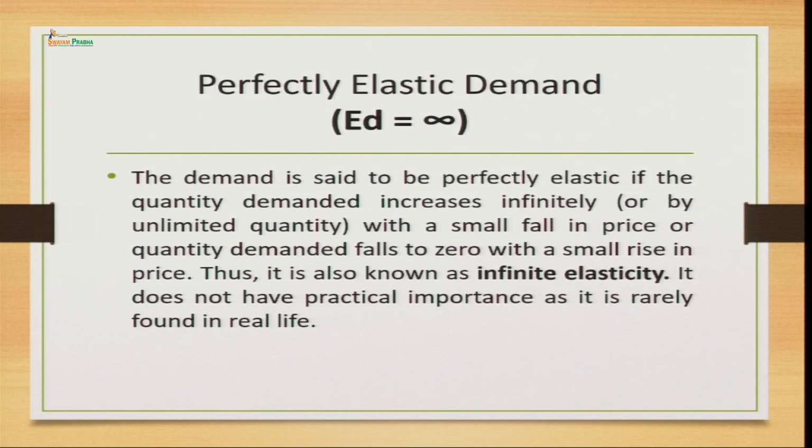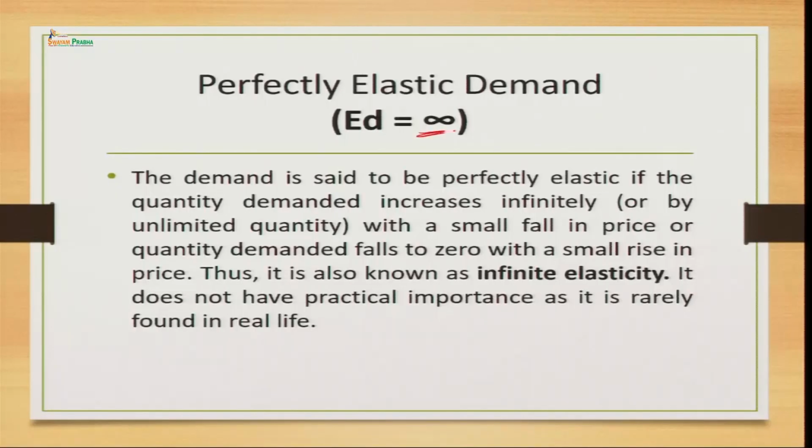Perfectly elastic demand is the case where even a tiny change in the price causes a lot of change in the quantity demanded, and that is why we are denoting perfectly elastic demand with infinity. Okay. So, perfectly elastic demand is denoted this way. Here your elasticity will be infinite. Okay.